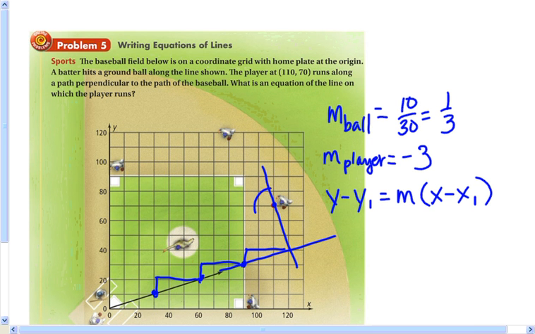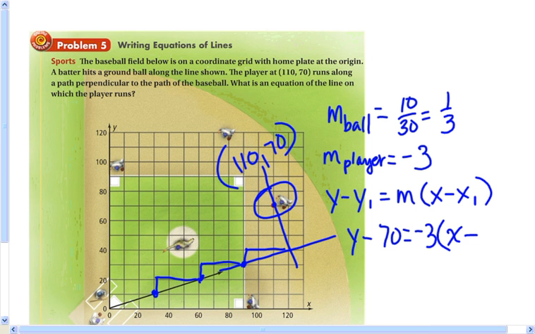We're going to use this point right here, and that point is (110, 70). So we get y minus 70 is equal to negative 3 times the quantity x minus 110, and that's in point-slope form. It doesn't say it needs to be in slope-intercept form, so we can just go with that.